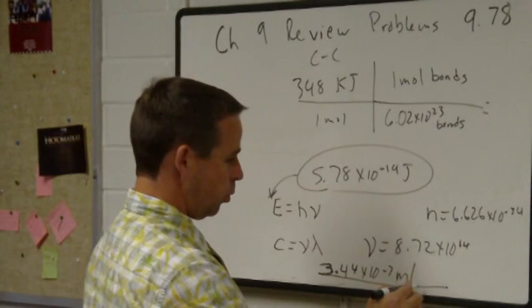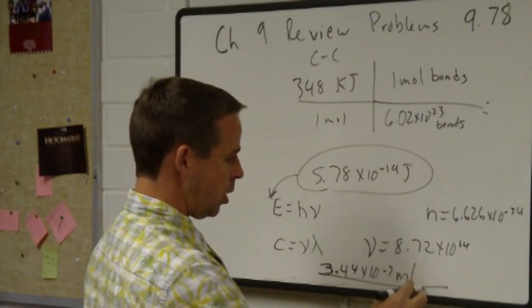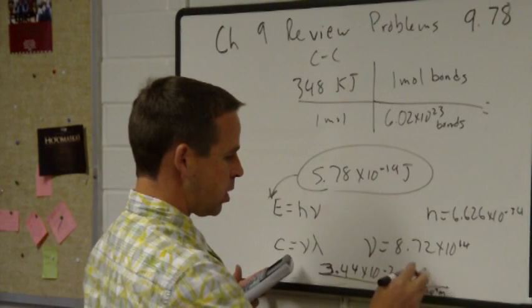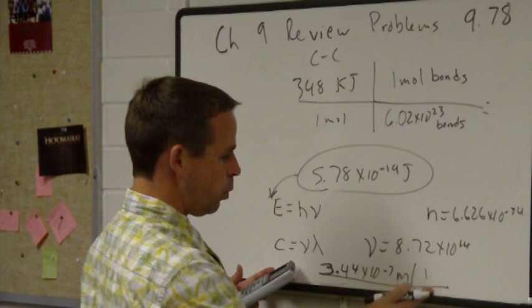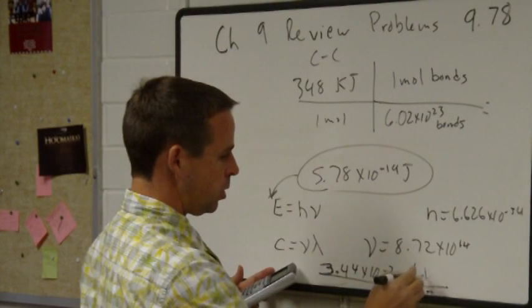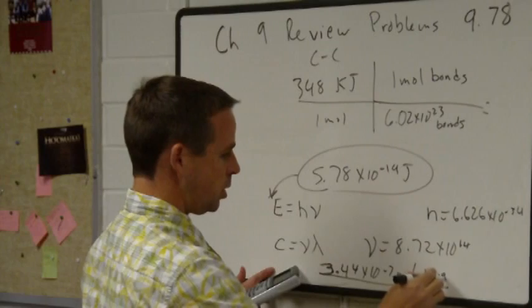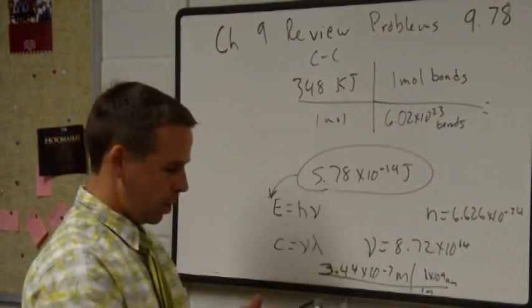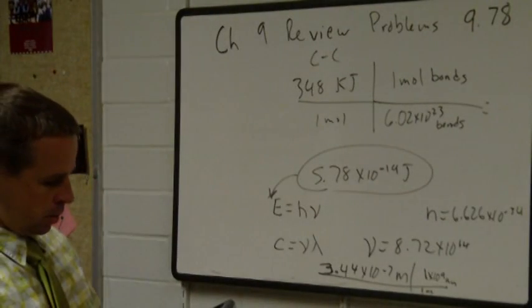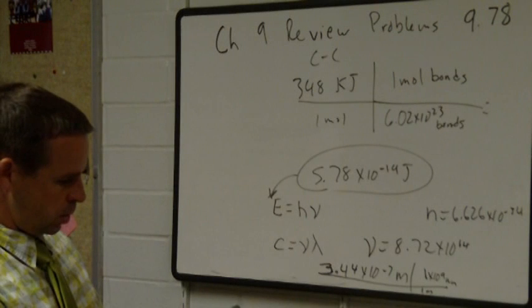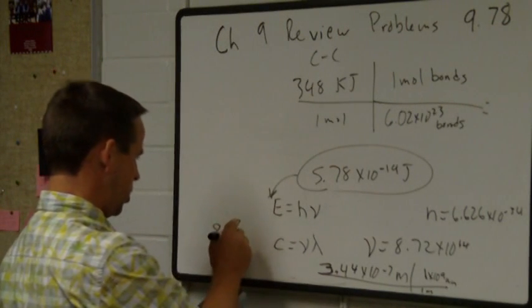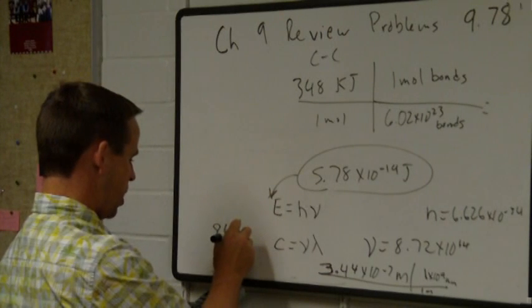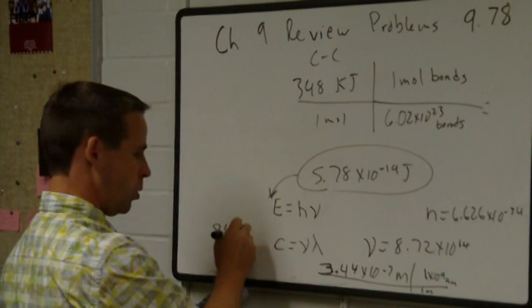For every 1 meter, there's 1 times 10 to the 9th nanometers. So we multiply that by 1 times 10 to the 9th. And it's about 344 nanometers.